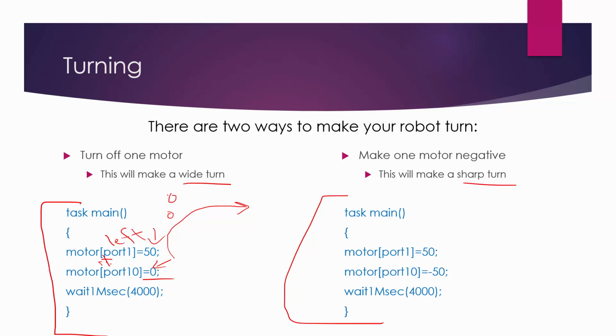So you're going to drag the right wheel. So if these are the wheels, here's my robot, and these are the wheels. These guys turn, these guys stay still. You're going to get this wide banana-shaped turn. Okay? Hopefully that makes sense. So that's a wide turn. To make a wide turn, you're just going to move whichever direction you want to turn in. You're going to turn that motor off.